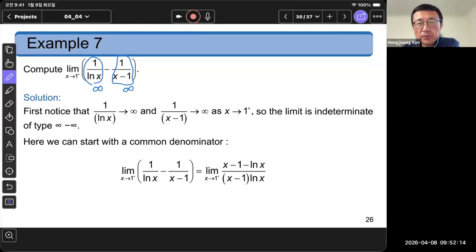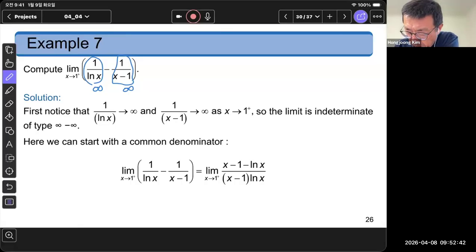In this problem, I have f of x minus g of x, where f of x is the reciprocal of a certain function, and g of x is the reciprocal of another function. So what you can do is merge these two functions with a common denominator.